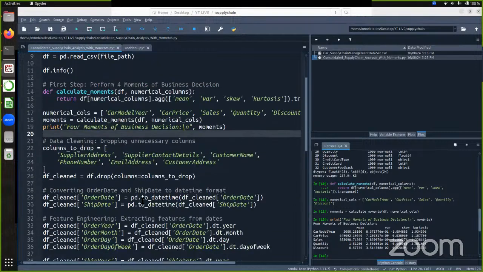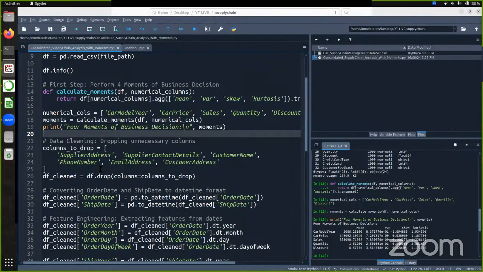Then we're going to drop some columns here, the columns which are not adding any useful information. We are going to drop supplier address, supplier contact details, customer name, and phone number. We have already gotten our information in the form of the consumer ID, so I don't need their name.